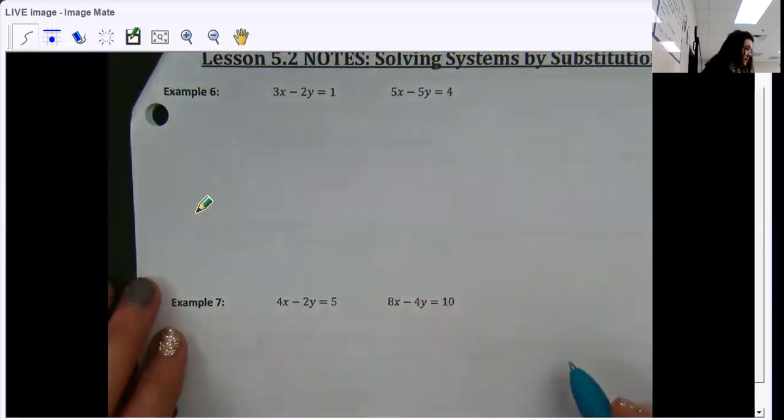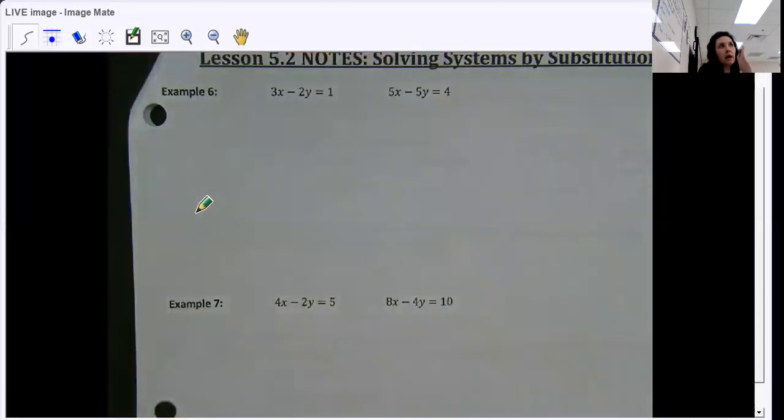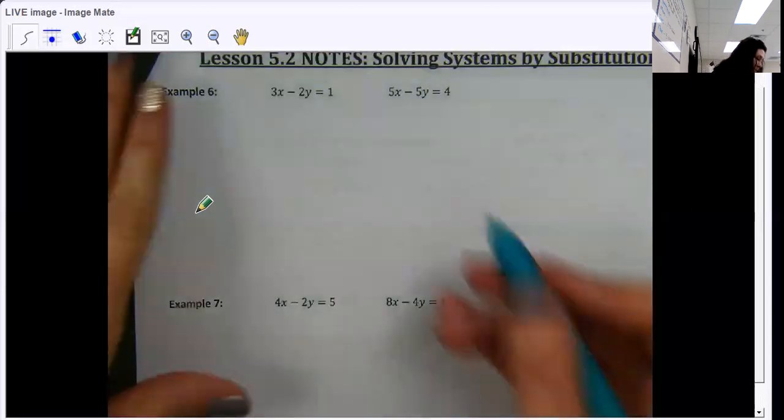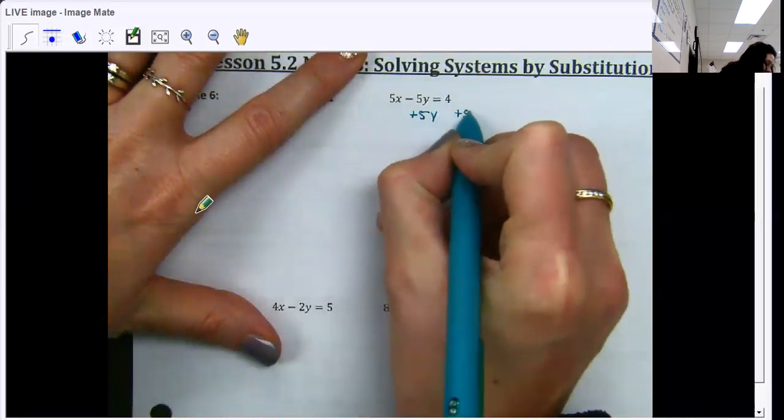I think the x might be a little bit easier. The reason I'm doing that is because when I move my 5y over, it is going to be divisible by 5. Let's see how this works. Okay, so we're going to add 5y, add 5y.